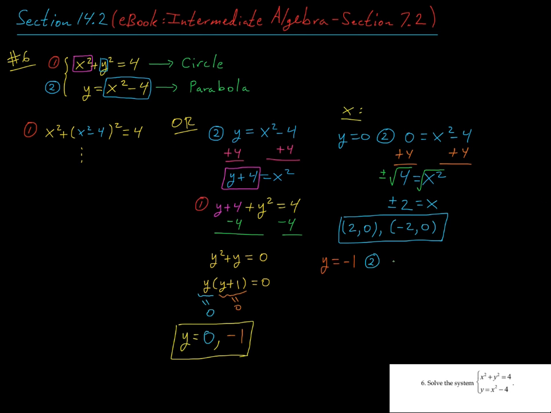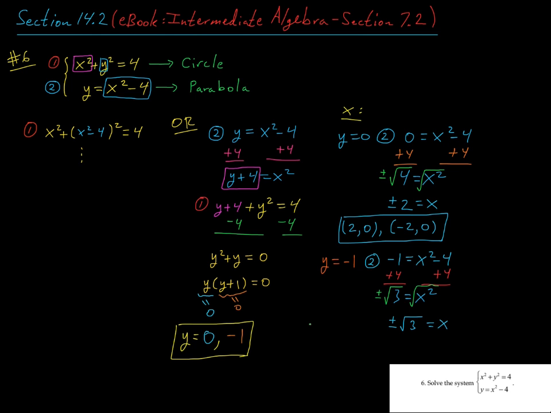So I have -1 now on the left, and that's equal to x squared minus 4 on the right. So add 4 to both sides. And this gives us 3 is equal to x squared. So now taking square roots, we get plus or minus the square root of 3 is equal to x.